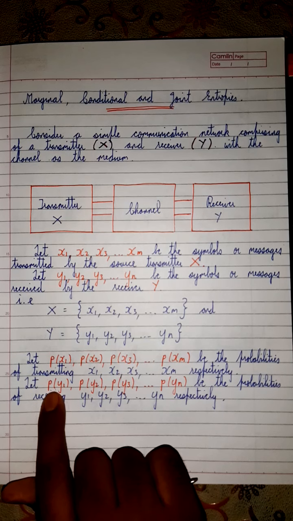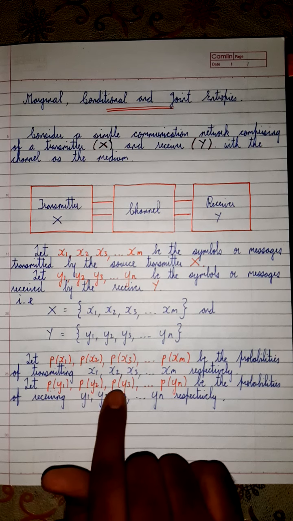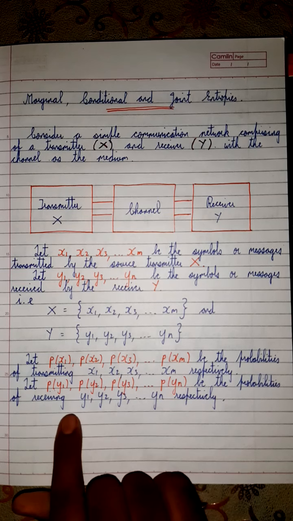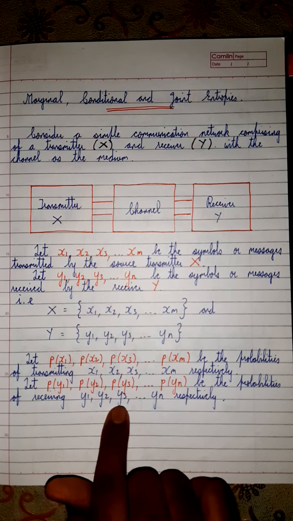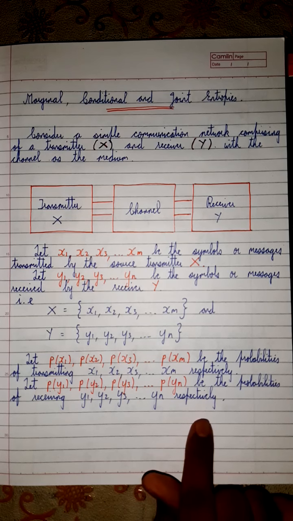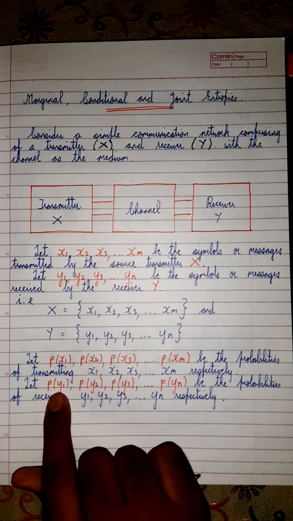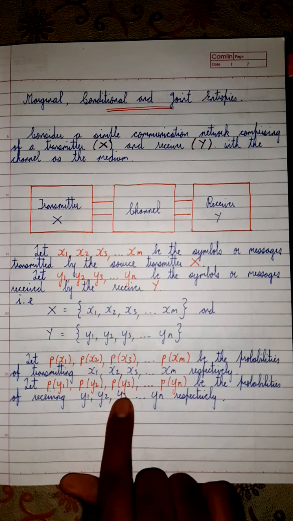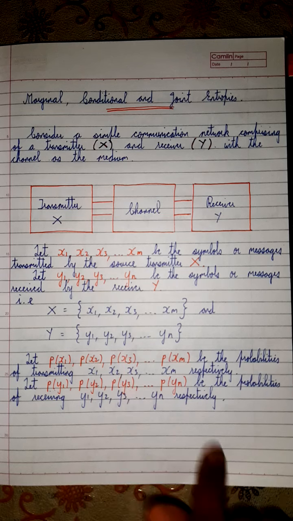Likewise, let P of y1, P of y2, P of y3 up to P of yn be the probabilities of receiving y1, y2, y3 up to yn respectively. That means P of y1 is the probability of receiving y1, P of y2 is the probability of receiving y2, P of y3 is the probability of receiving y3, and so forth.